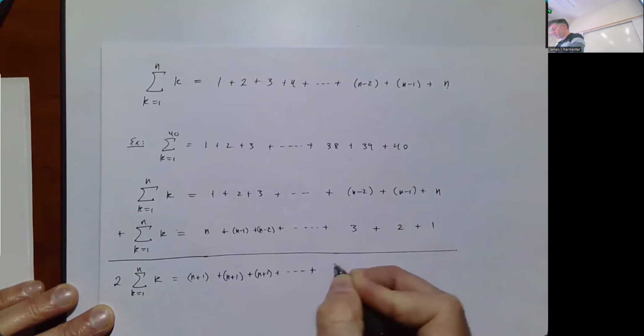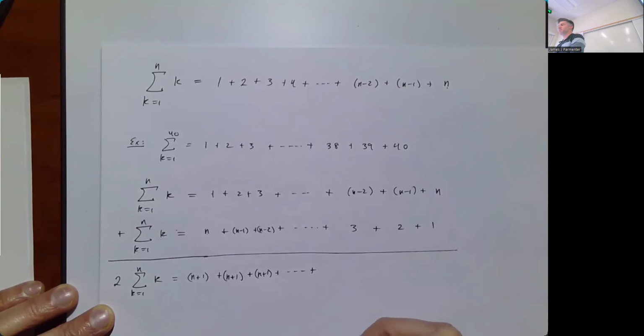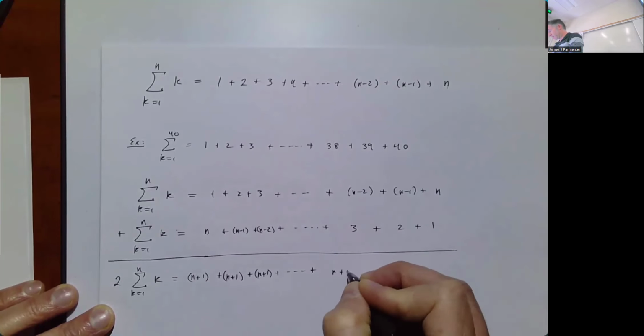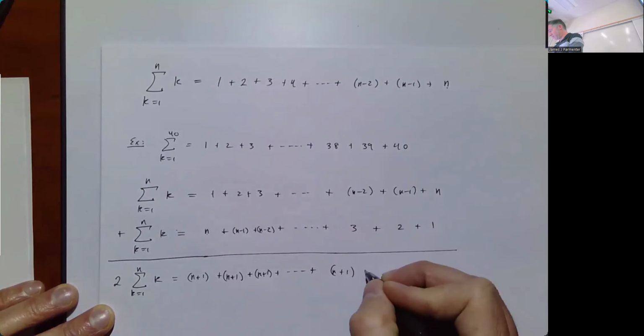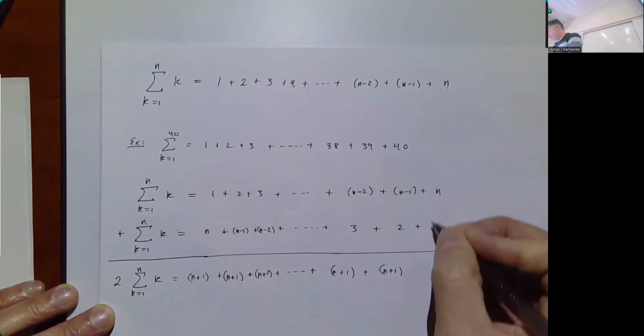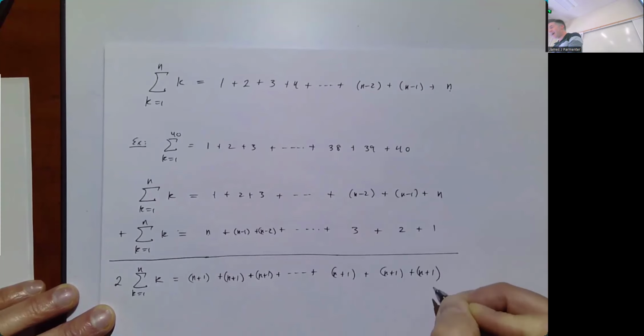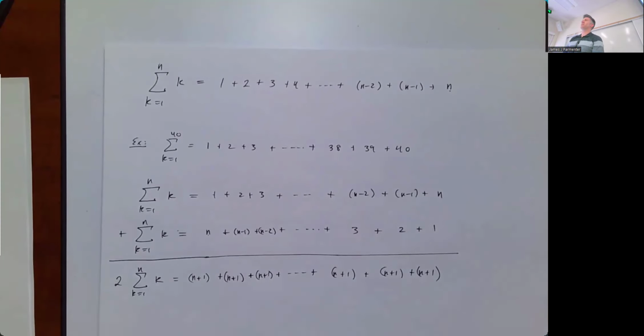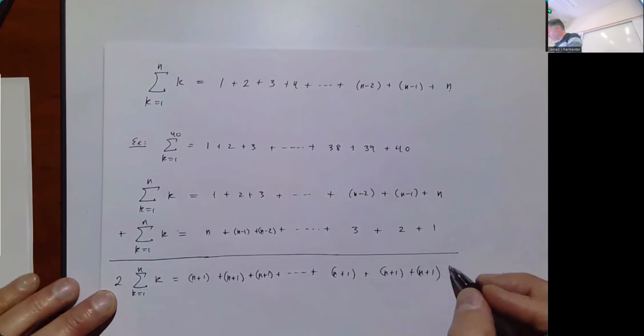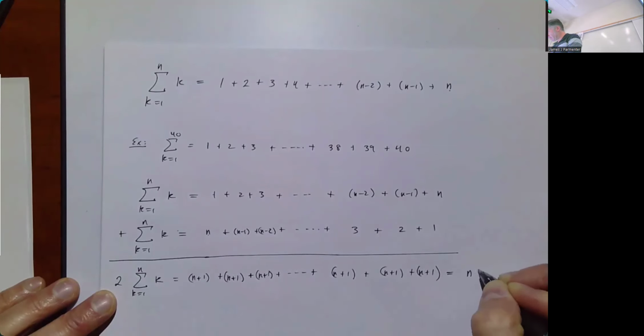Same thing. How many n plus 1s do I have? How many terms did I add up? N of them. So this is really equal to n times n plus 1.